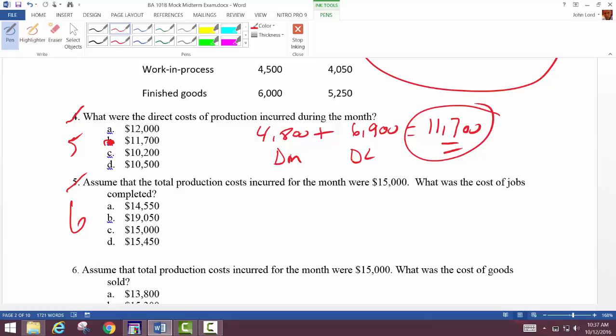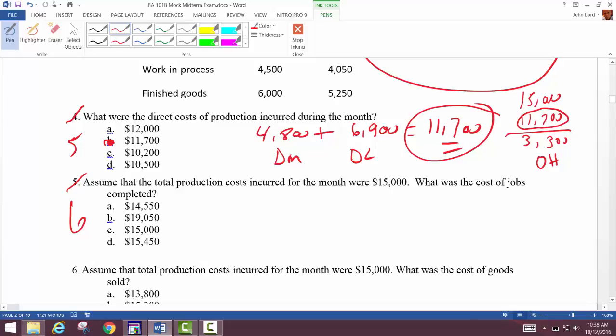So 15,000 minus 11,700 is 3,300. Which means, Kush, that has to be the amount of overhead that was applied, right? It's got to be, if my direct labor and direct materials are embodied in this 11,700. But the question never asked you that.